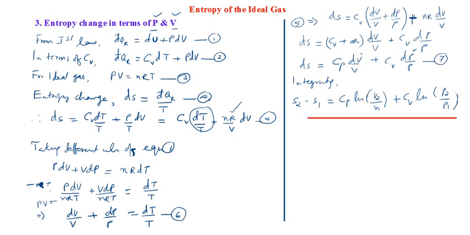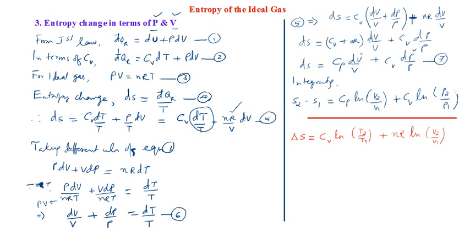I'm writing S2 minus S1, for the time being, as delta S. Delta S is equal to, the first one that you derived was Cv log T2 by T1 plus, I'm writing only one equation, other equivalent ones you can derive, plus nR log V2 by V1.